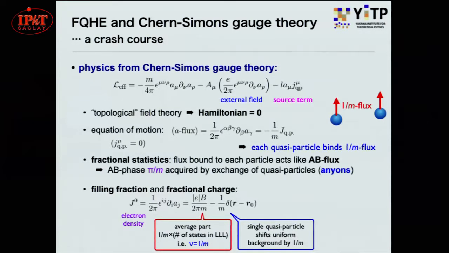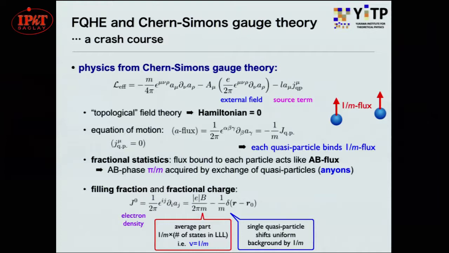So Hamiltonian is 0, and you don't have any excited state. Also, if you calculate the equation of motion of this action, we get something like this. This is the flux of the Chern-Simons gauge field, and this is the quasi-particle density times 1 over m. So this means each quasi-particle carries 1 over m Chern-Simons gauge flux.